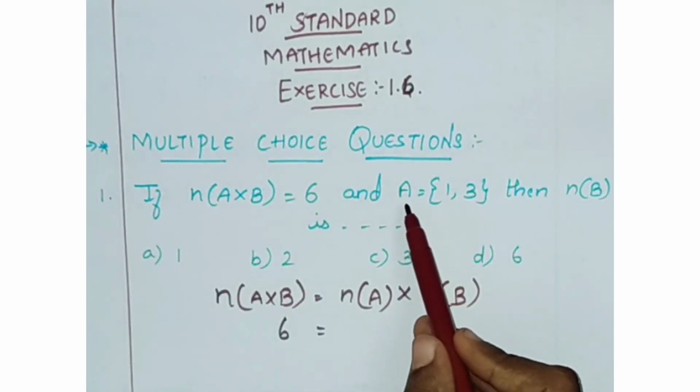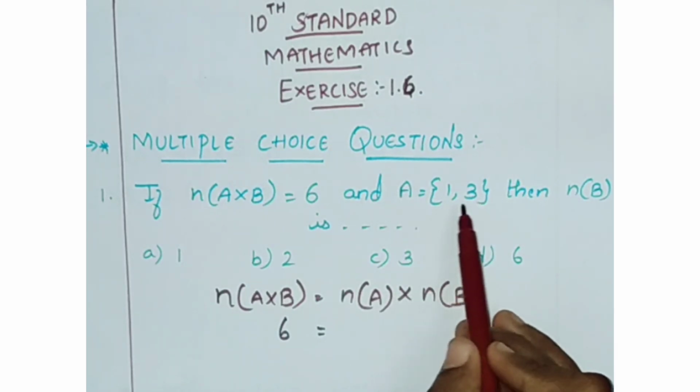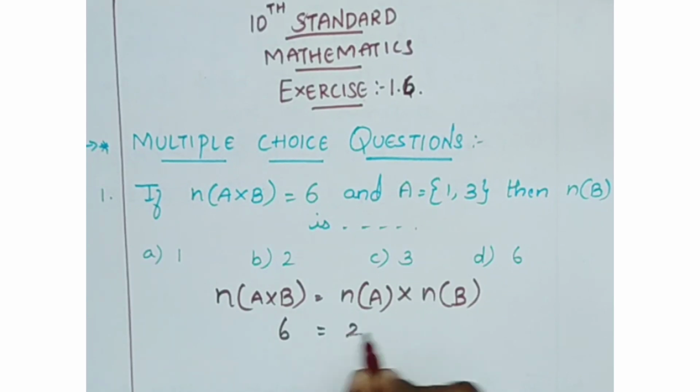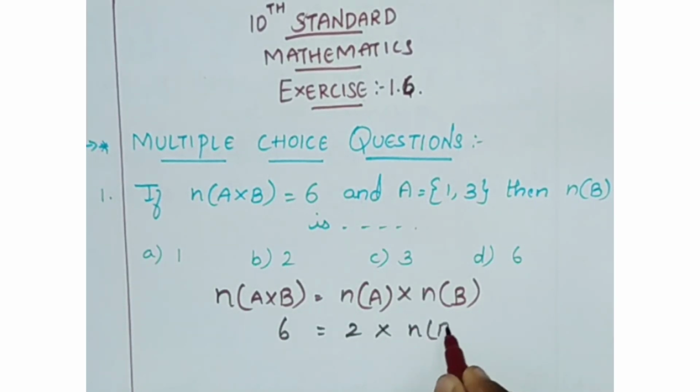They have given A, so n of A is the number of elements in it, so 1 and 2, n of A is 2. Then you don't know what n of B is, you have to find it. So just write n of B as it is.